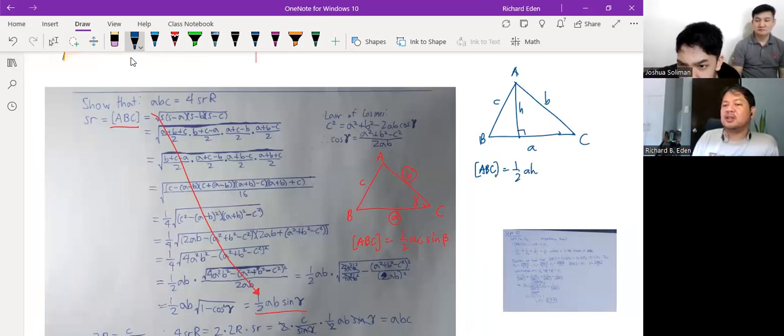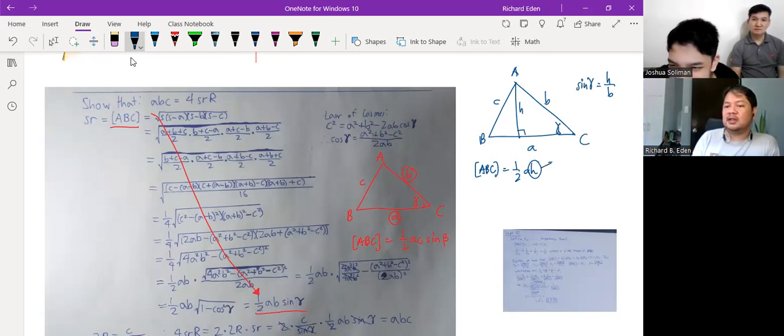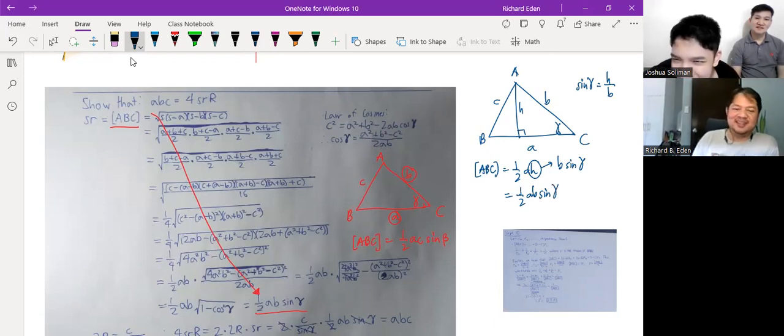Base times height, if we take A as the base and H is that particular height. But then sine of gamma equals H over B. So this means H equals B sine gamma. And so just like that, we have 1/2 AB sine of gamma. All of that time thinking about how could I possibly get that, and then it turns out this is the proof.